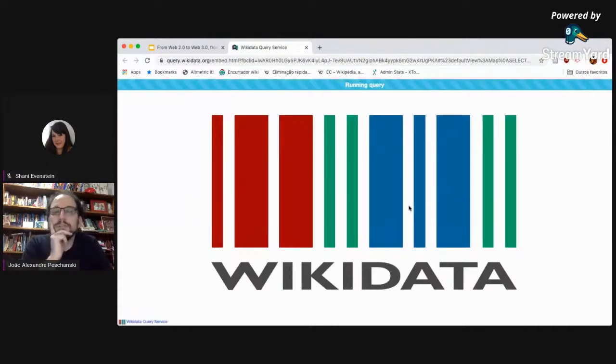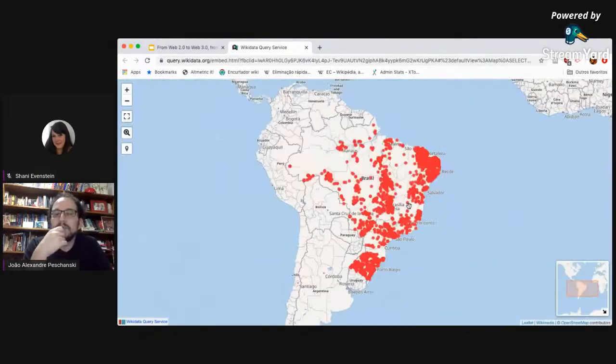On this one, I'm looking at all the dams, these plants that provide electricity on rivers or lakes or waterfalls that exist in Brazil, because the government said that there weren't so many.